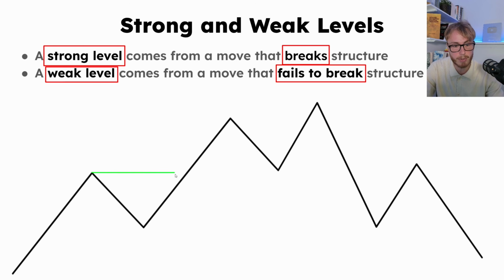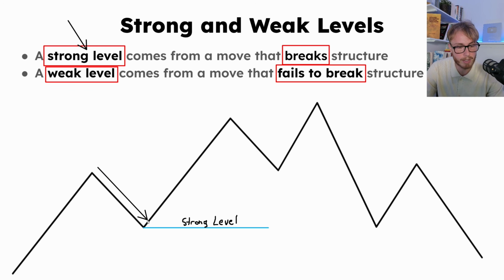So for example, right here, we have a break of structure, right? And a strong level is a level that comes from the move that breaks structure. So what we need to look out for here is the beginning of the move that broke structure. And as we can see right here, this was the beginning of the move that broke structure. So this right here is a strong level. But what about this move right here?